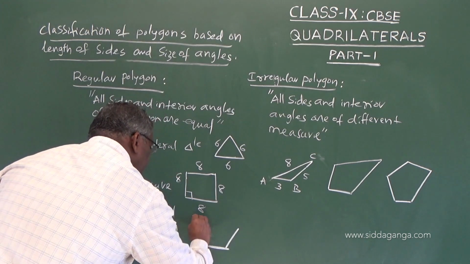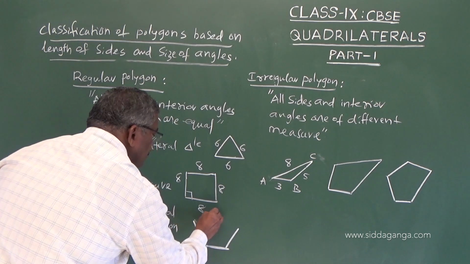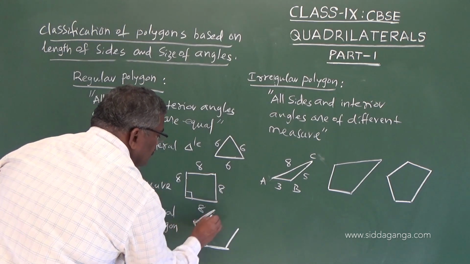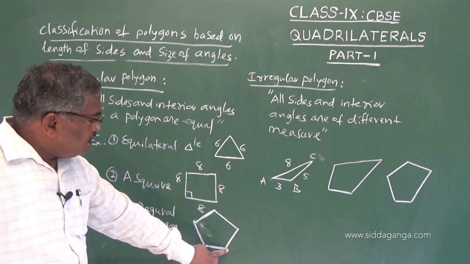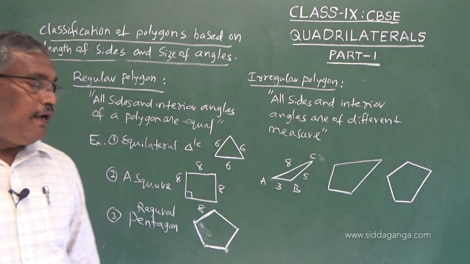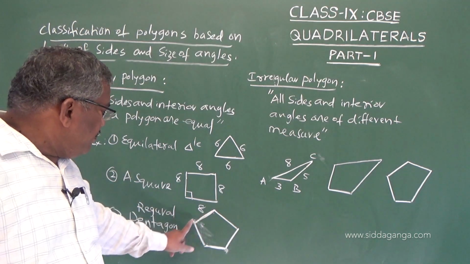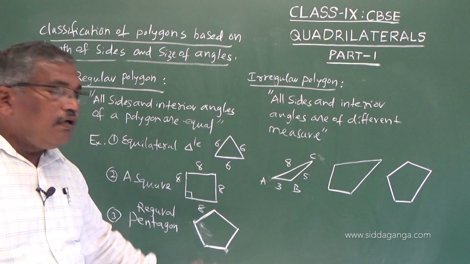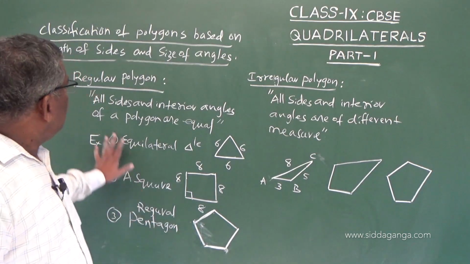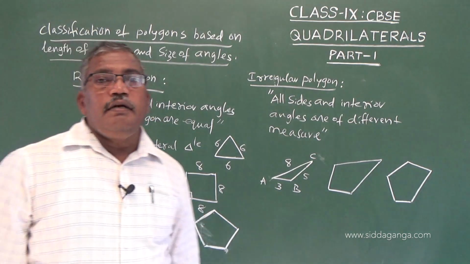They all will be equal in length. So all sides are equal and we have a pentagon here. A, B, C, D, E is a pentagon where all sides are equal. So this is a regular pentagon.